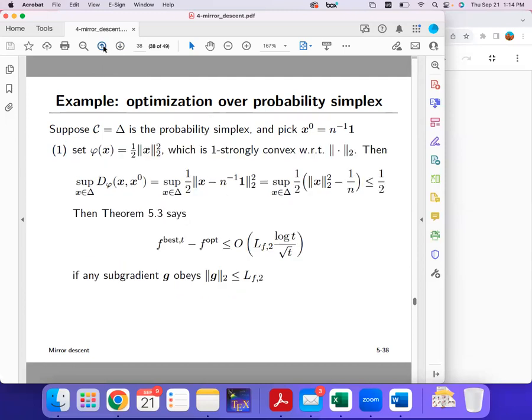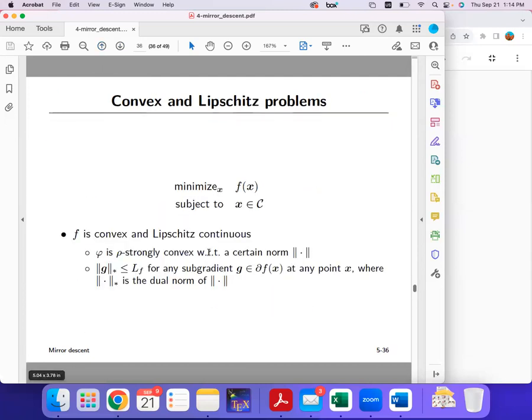And consequently, when we choose different phi, they will be strongly convex with regard to different norms. Norms represent the underlying geometry that we are considering. And then the dual norm will also differ. So in the end, the dual norm will determine the Lipschitz constants.